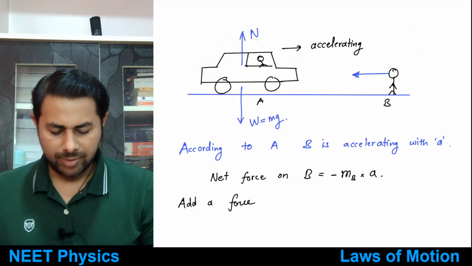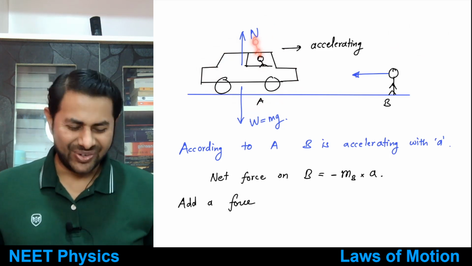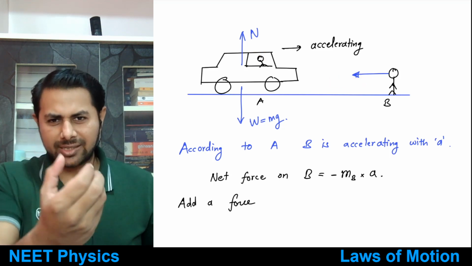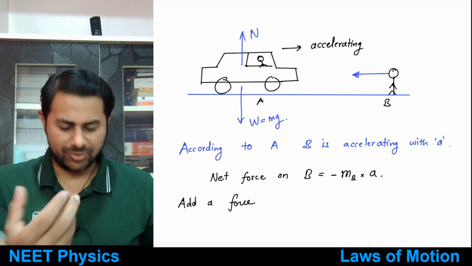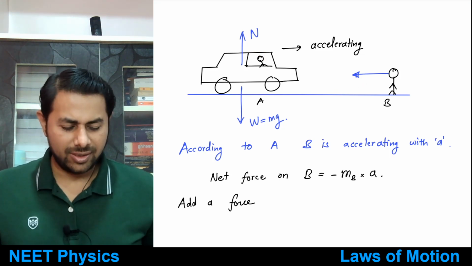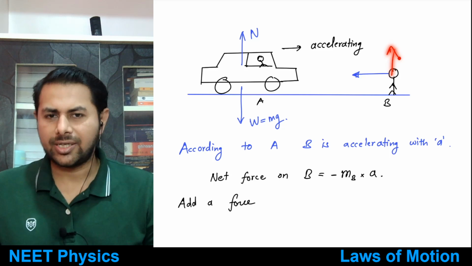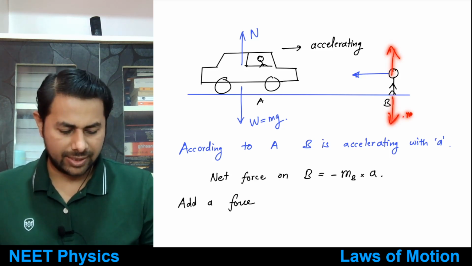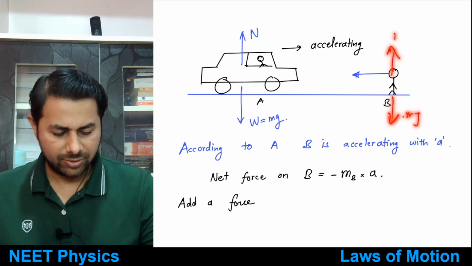But now think about the monkey, poor monkey. Okay, he looks at this person and he sees that person is accelerating towards him, okay, towards the monkey, and then he sees there is a normal reaction acting upwards. Okay, there is a gravitational force acting downwards, that is the weight, and these two cancel out.